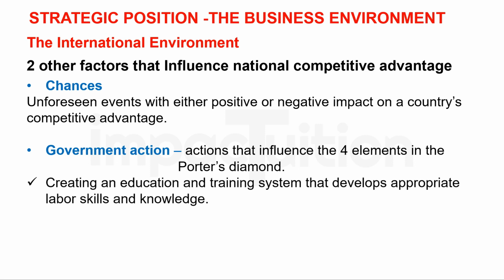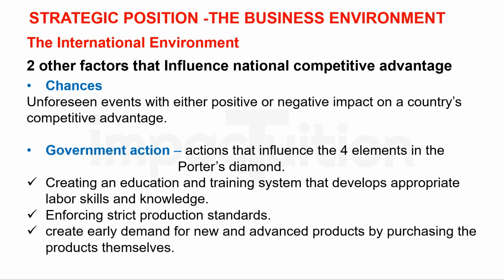An action of government to improve the elements can be creating an education and training system that develops appropriate labor skills and knowledge, enforcing strict production standards, creating early demand for new and advanced products by purchasing the products themselves, and then stimulating local rivalry.